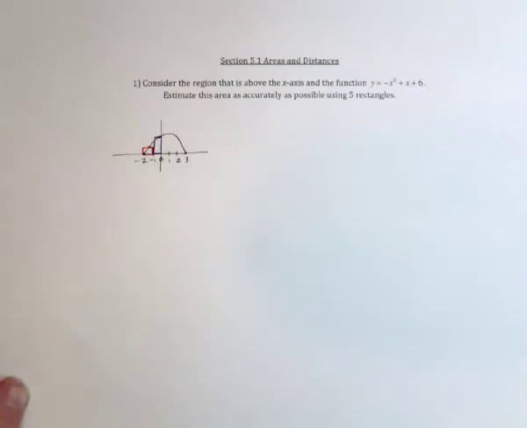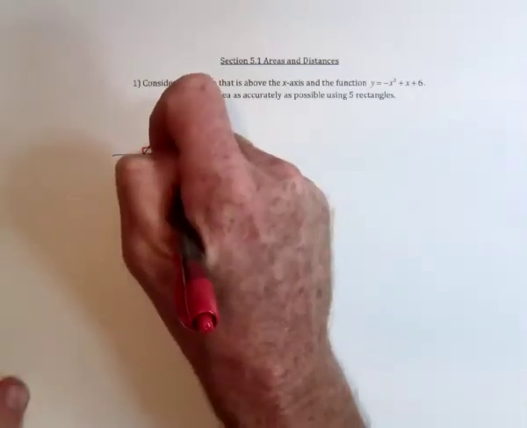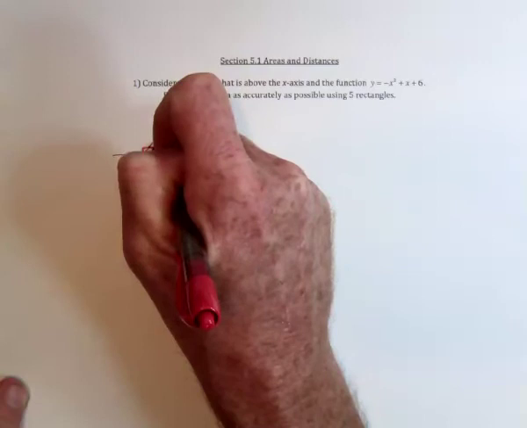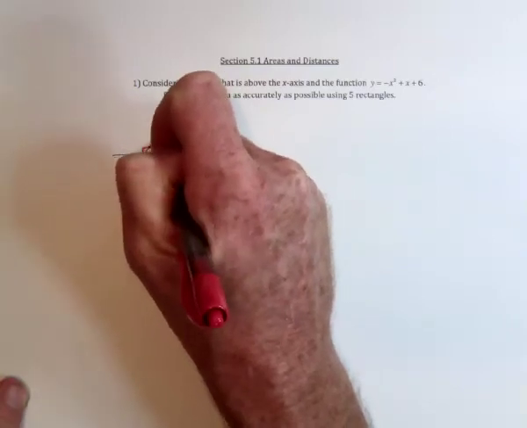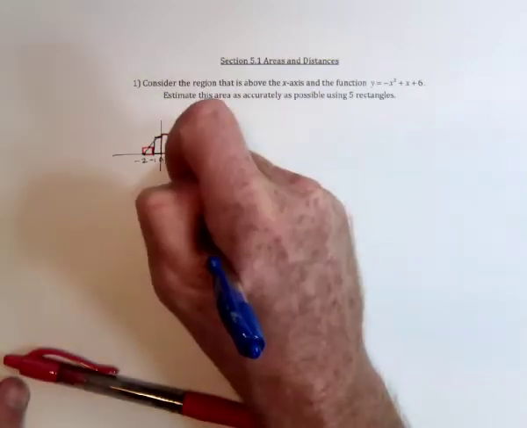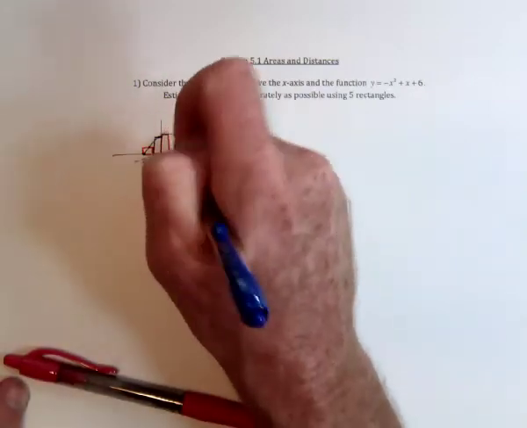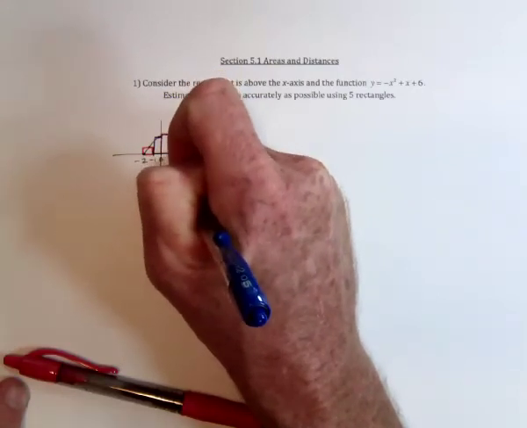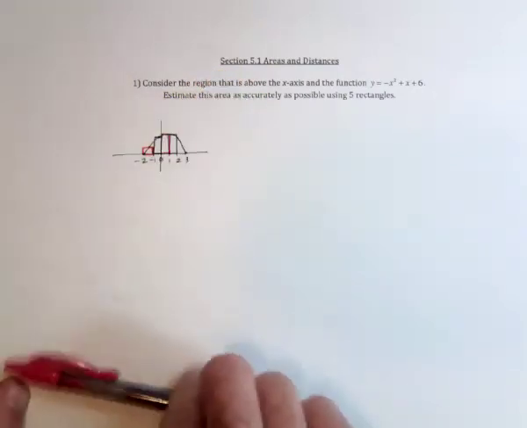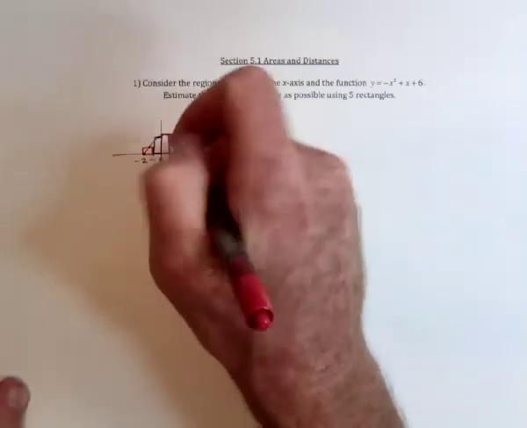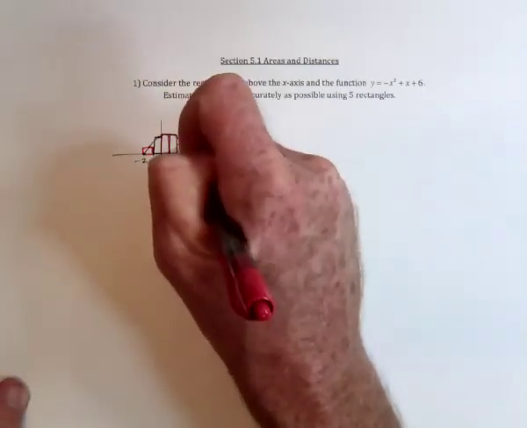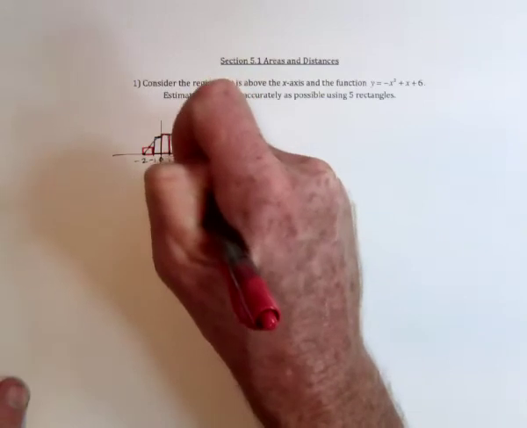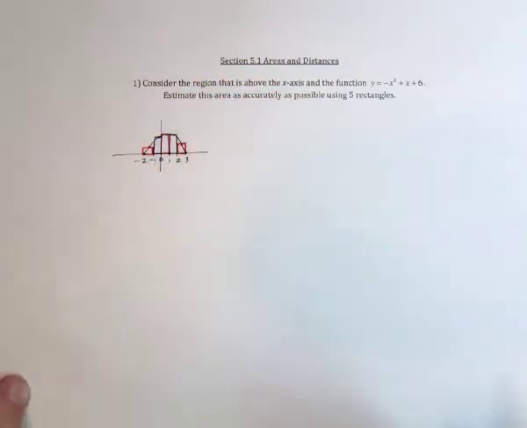And then the next one would be, take a 0.5 and go up to that height. And then 1.5, go up to the parabola. And then finally at 2.5, go up to the height of the parabola, and there's our 5 rectangles.